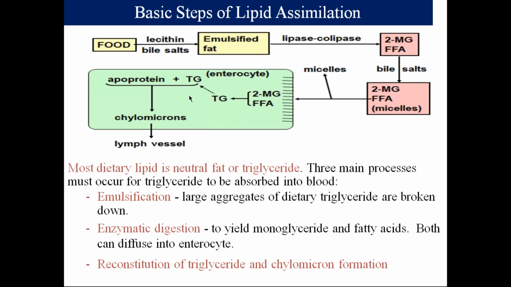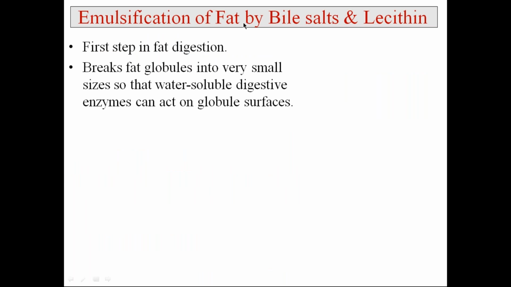And then, depending upon the number of carbon atoms, they can either go directly into the blood, or they can go into the lymphatic circulation via the chylomicrons. Right? So the first step in the assimilation of fats is the emulsification of fat by bile salts and lecithin. This is the first step in the digestion of fats.